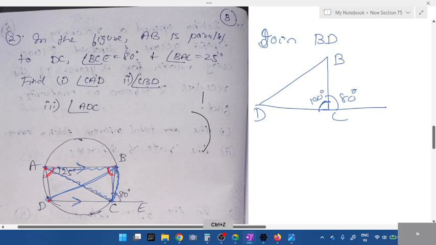If you want to find CBD in this triangle, is it an isosceles triangle? Have they mentioned anything? No, they didn't mention that DC is equal to BC, right? If you want to find the sum of interior angles, minimum how many angles should be given? Out of three, any two should be given. But here only 100 is given, and that too we found using the straight line.